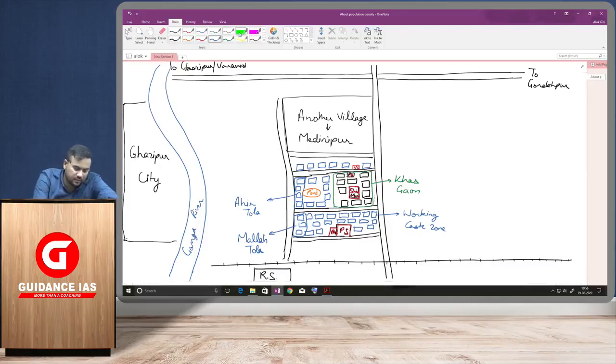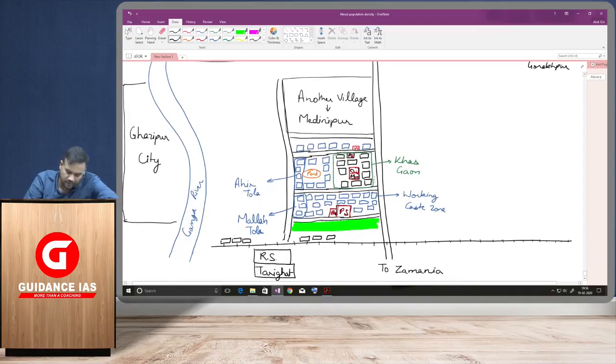Then there is another form of arrangement also. In some areas we find that it is separated by a green belt. Okay? And here this is the green belt which is found. Away from this green belt, near this railway station, there is the presence of the outcasts.